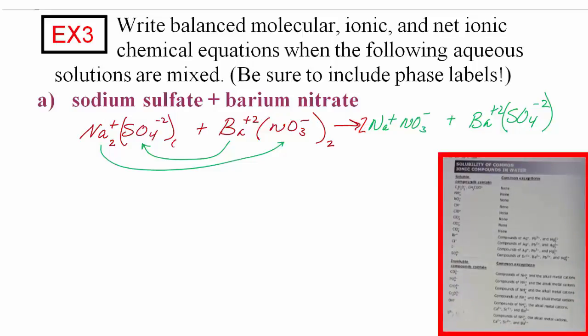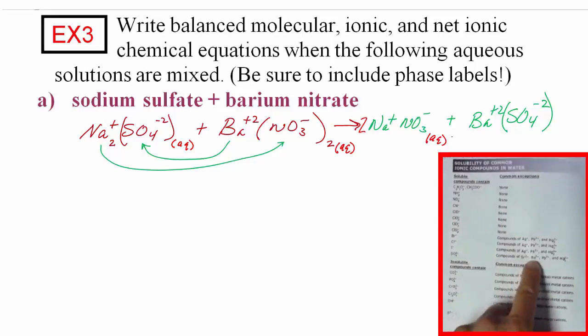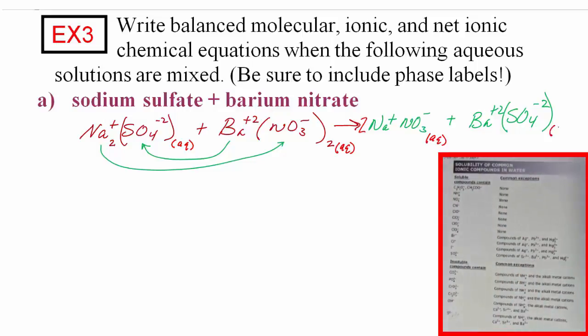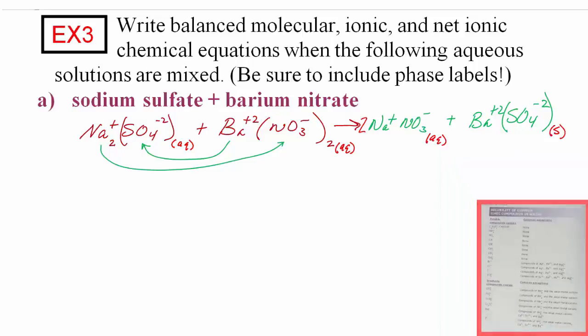So alkali metals, always AQ, sodium ion. Nitrates, always AQ. The only possibility here is barium sulfate. Sulfates are all soluble, but barium's an exception. Solid. So there's my molecular equation.